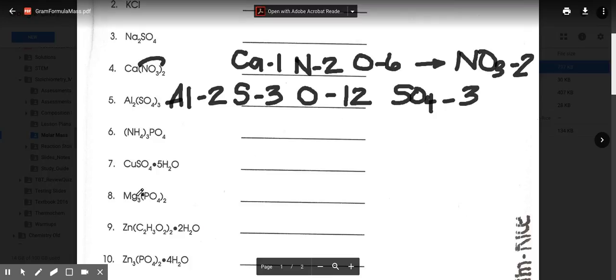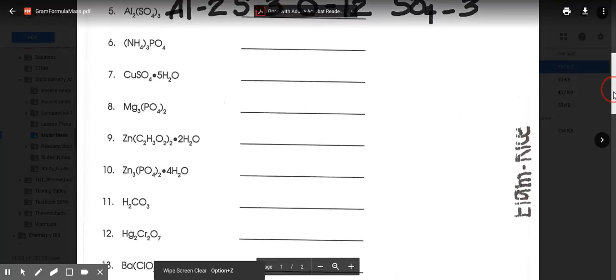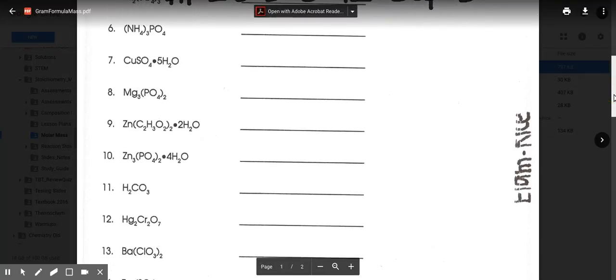Now looking down to number 7. With number 7, you have what is called a hydrate. With this particular problem, it's the same thing that we've been doing previously. You have 1 copper, 1 sulfur, and 4 oxygens.